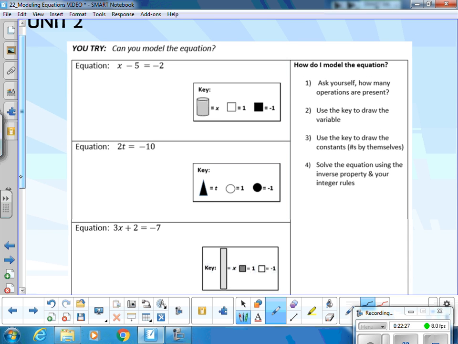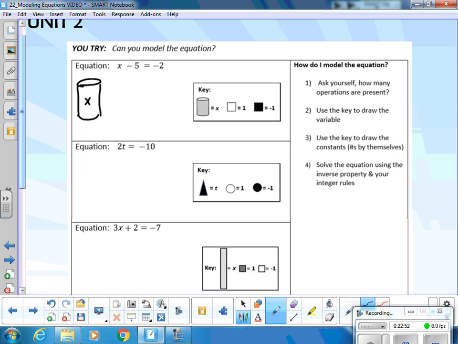If you look at the first one, you have to ask yourself, what is the operation being done? I'm adding a negative or subtracting, so I'm going to use the opposite. The opposite of subtraction is addition, so I know I'm going to undo this one with addition. We have 1x, and x is represented by a canister, so we're going to draw a canister. If your picture is not pretty, that's fine.